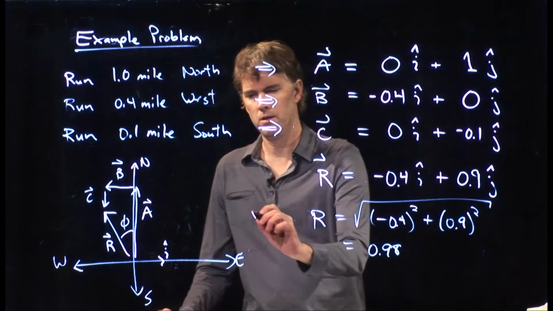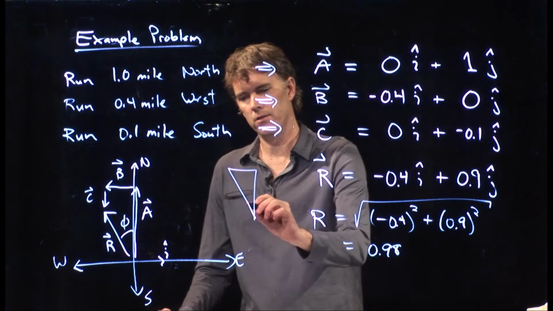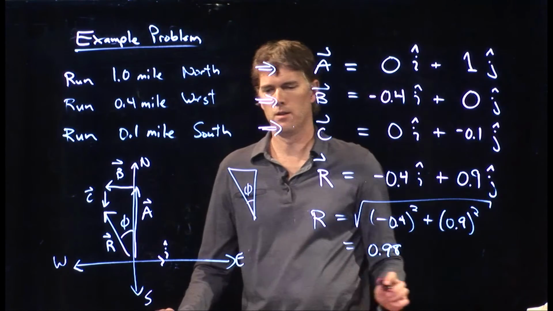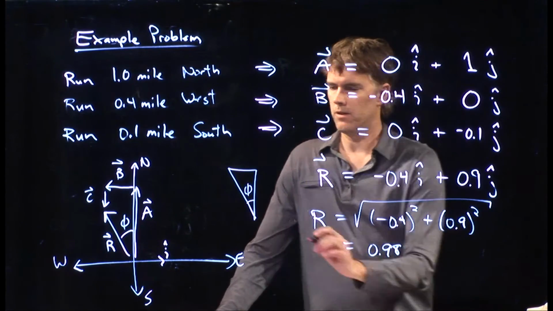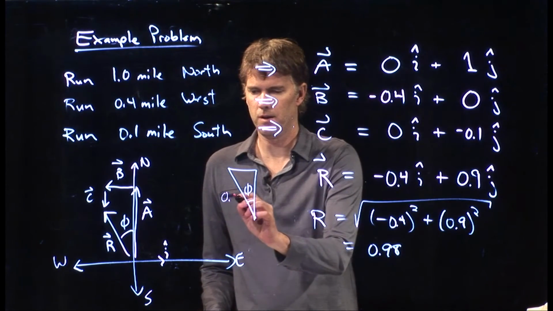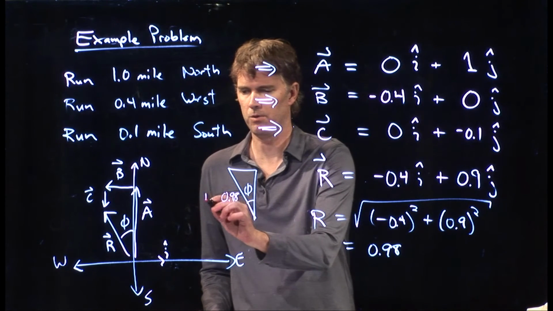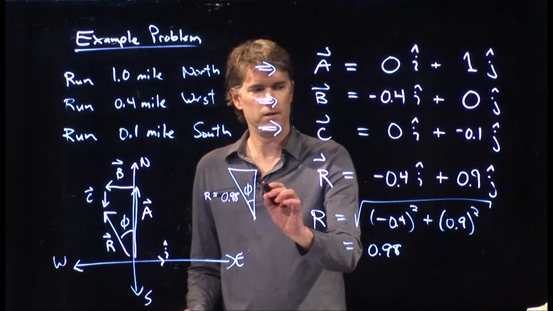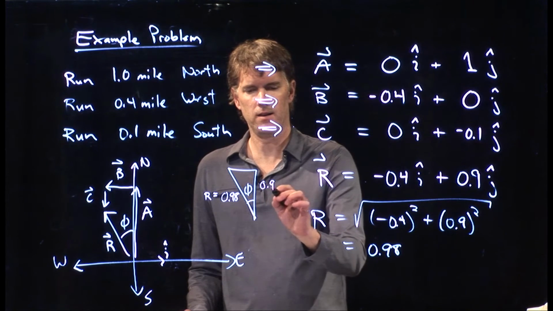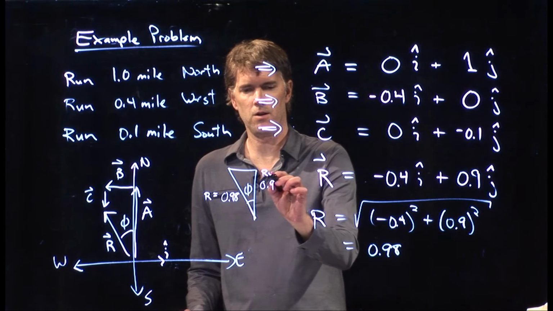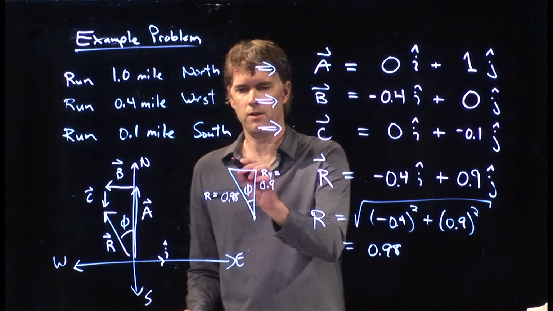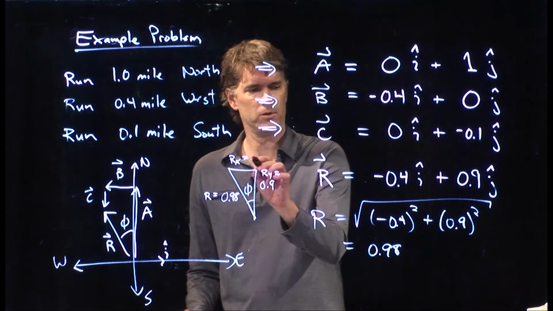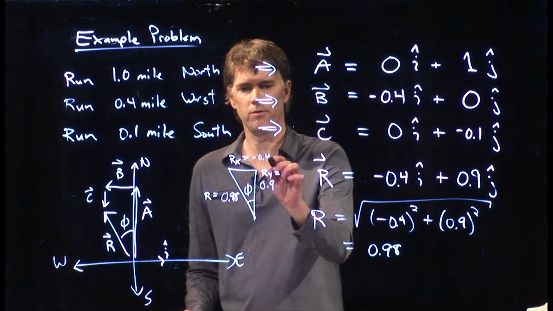Well, let's draw the triangle, phi. This is 0.98, which we said was r. This was 0.9, which is going to be our r sub y. And this is our r sub x, which was negative 0.4.